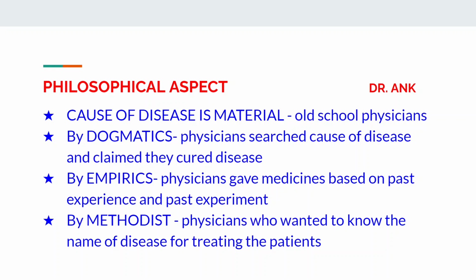Empirical physicians give medicines based on past experience and past experiment. And the third type, methodists, are the physicians who wanted to know the nosological name of the disease for treating the patients. So these three varieties of physicians existed during 18th century medicine.